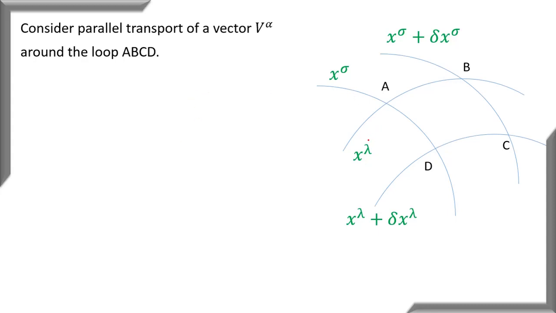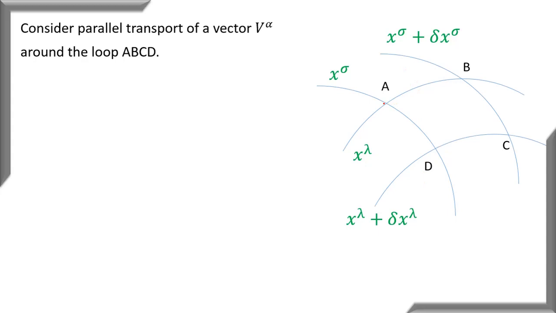Sigma and lambda are just other parameters which we have defined as affine parameters, and x lambda and x sigma are just coordinates, and this line x sigma plus dou x sigma is a curve which is just adjacent, and x lambda plus dou x lambda is another curve which is just adjacent to x lambda.